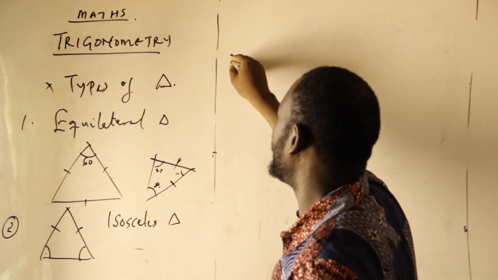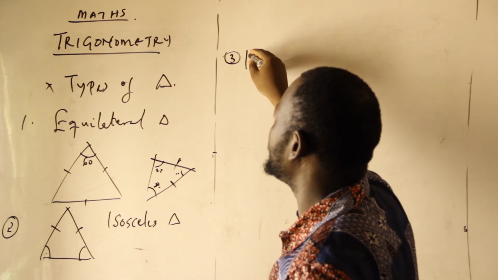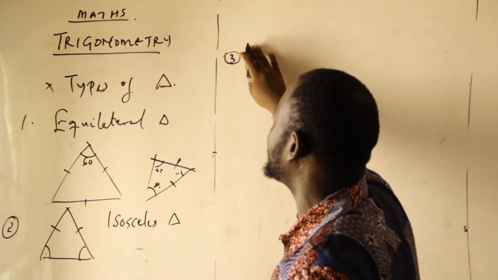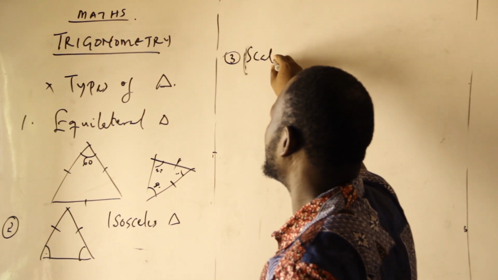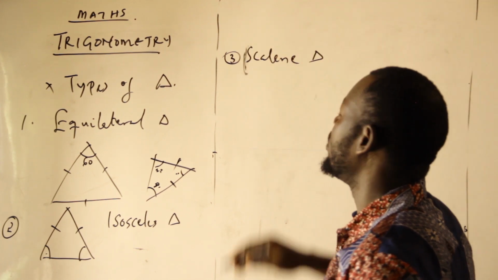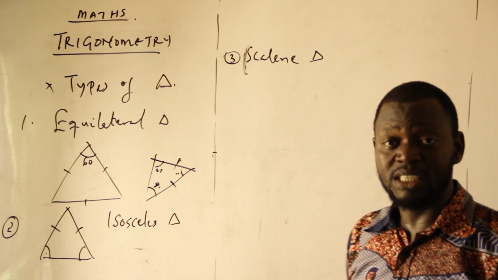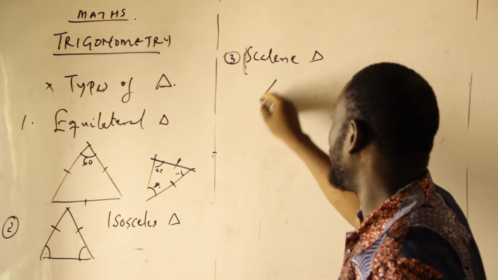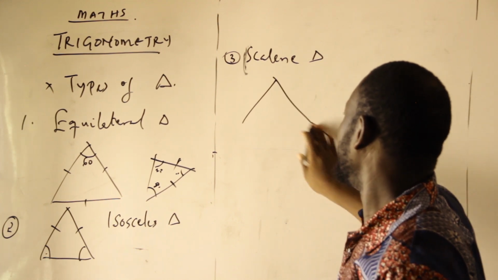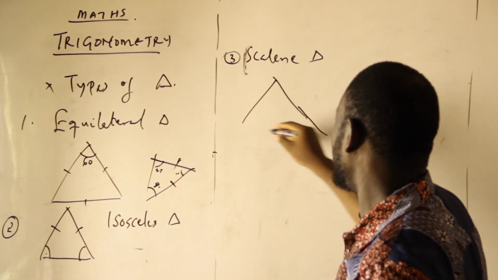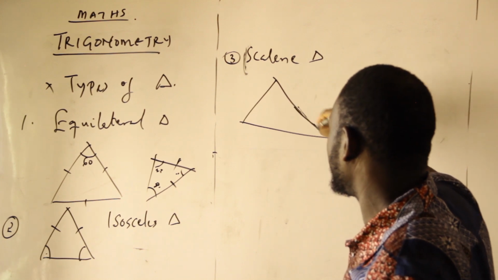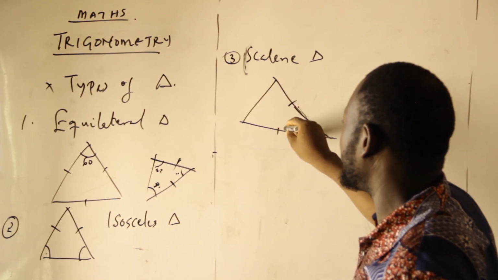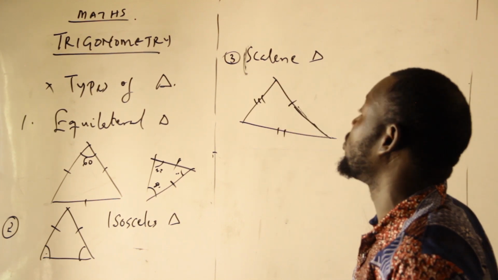Then we move to right angle. Let me discuss scalene first. Scalene triangle. This is where no side, no angle is equal at all. None is equal. If you have something like this, for instance, this one is not equal to this, and that is obviously not equal to this.